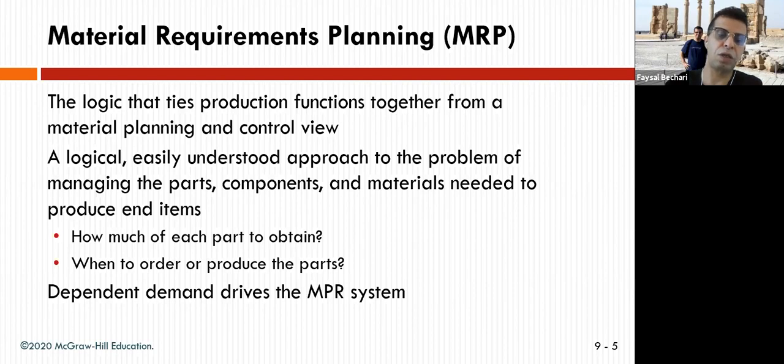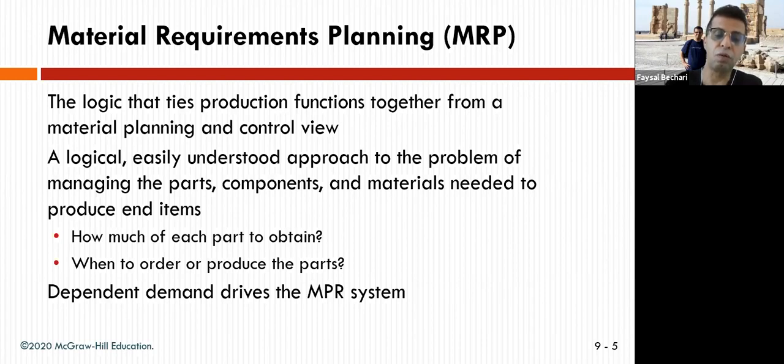MRP is a logical, easily understood approach to the problem of managing the parts, components, and materials needed to produce end items. So it's a logical approach. It tells you to produce an amount A, which is made of tons of different small things that have to be integrated or connected to each other.